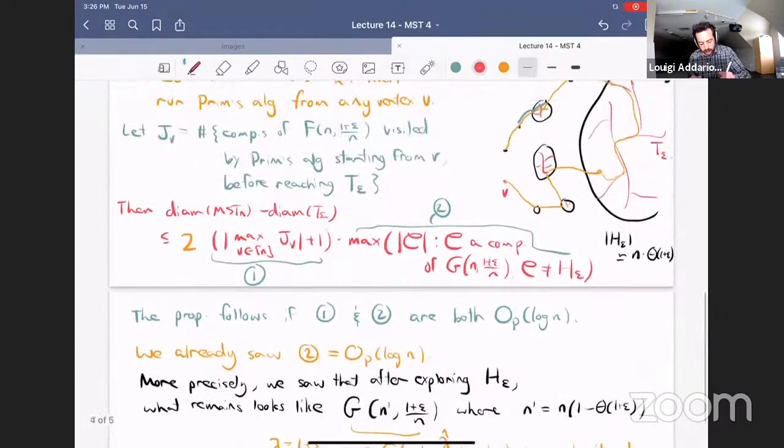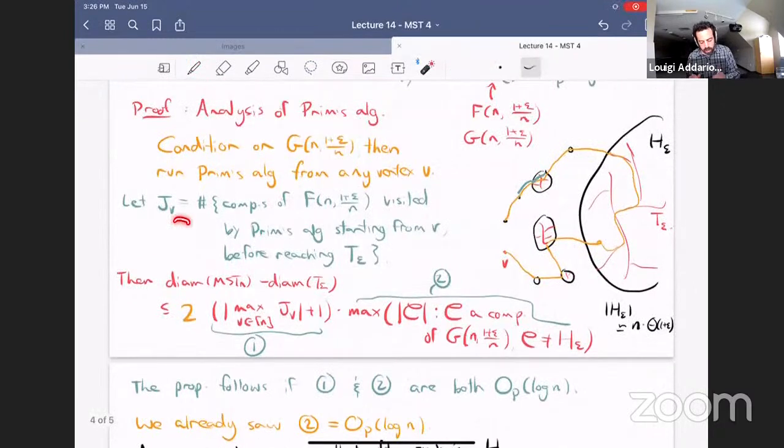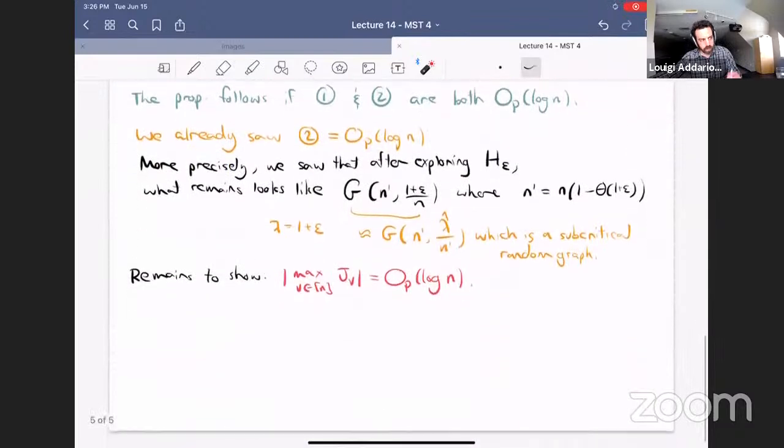And remember, what's J again? J is the number of hops. If you run Prim's algorithm, but only count the steps which go between components before you reach H epsilon, J is the number of such hops. And then we're maximizing that over all components.